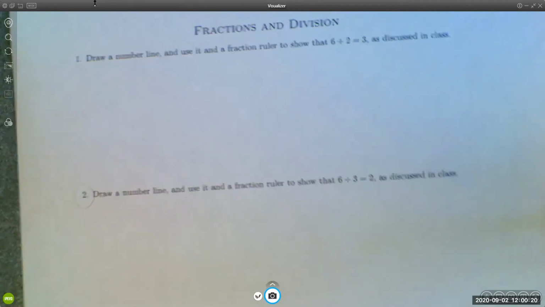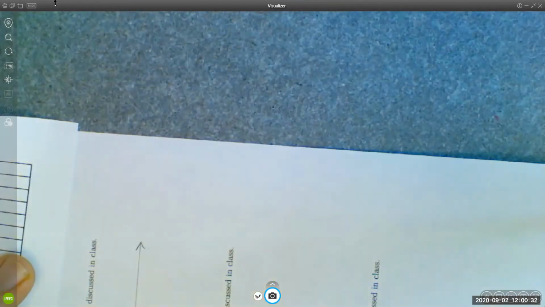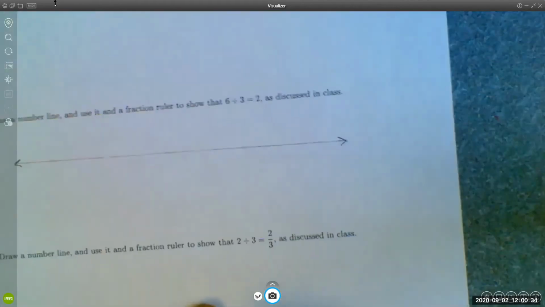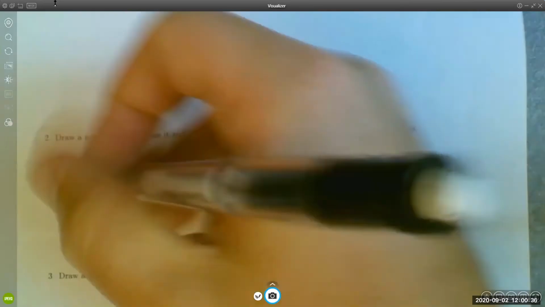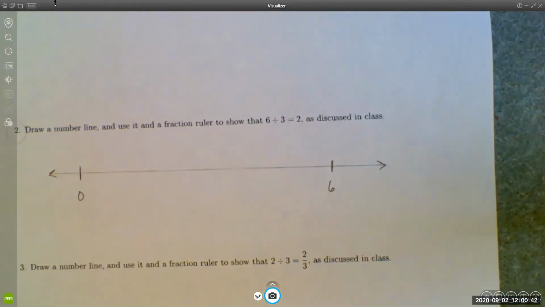So let's see if we can do 6 divided by 3. I'll hand myself a number line. I'll put 0 on there and then 6 on there, right?